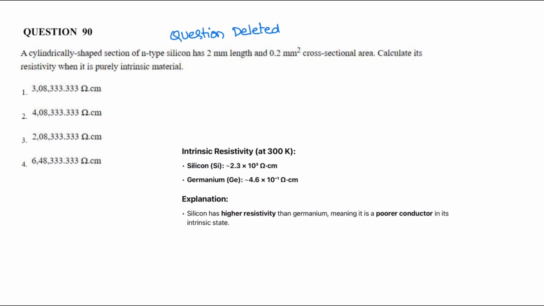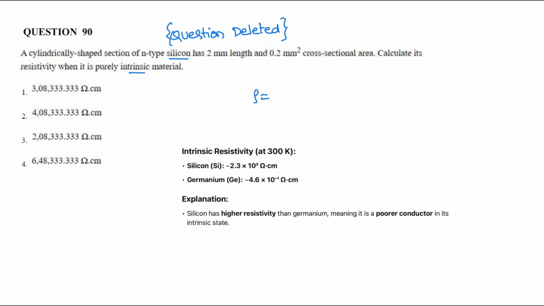A spherically shaped section of n-type silicon has 2 millimeter length and 0.2 millimeter square cross sectional area, calculate its resistivity when it is a pure intrinsic material. So given silicon, this question is deleted because the resistivity of pure silicon, intrinsic resistivity, doesn't depend on material dimensions.